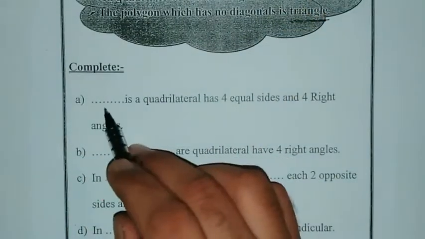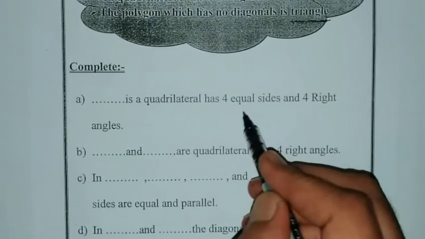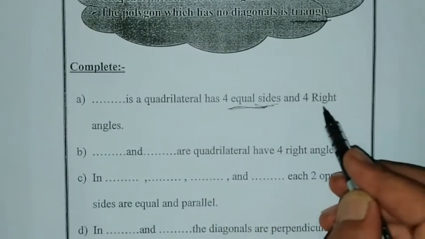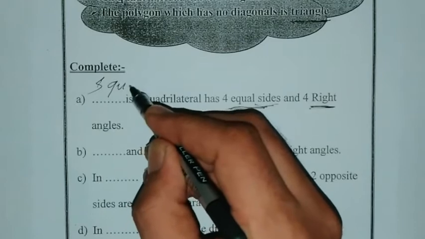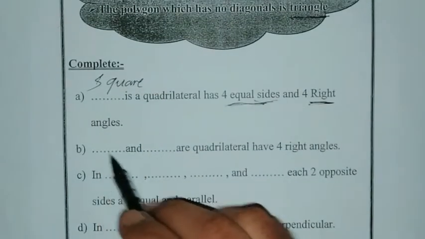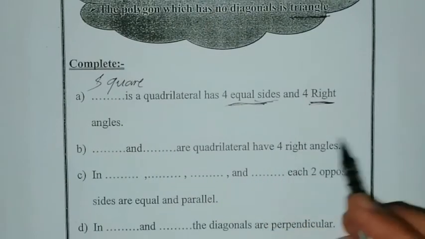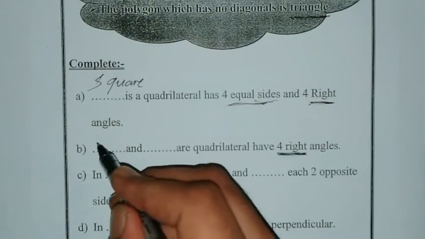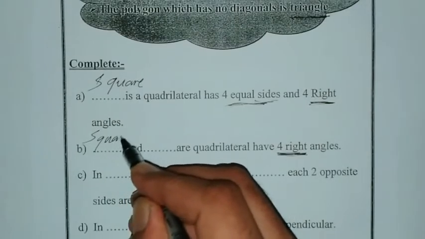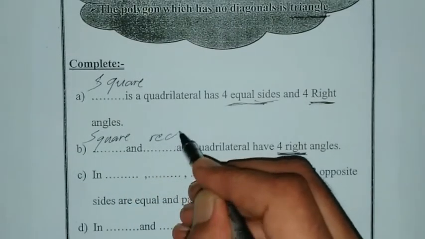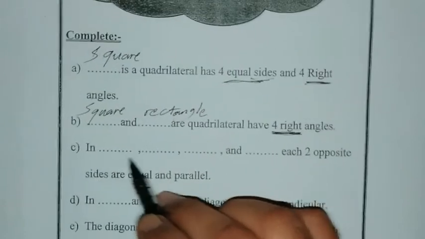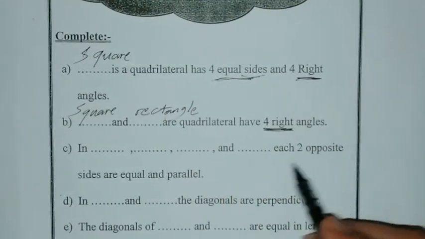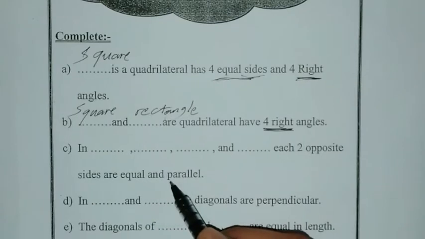The first exercise. Complete. What is a quad that has 4 equal sides and 4 right angles? Square. What and what are quads that have 4 right angles? Square, sure, and rectangle. In what and what are each two opposite sides equal and parallel?